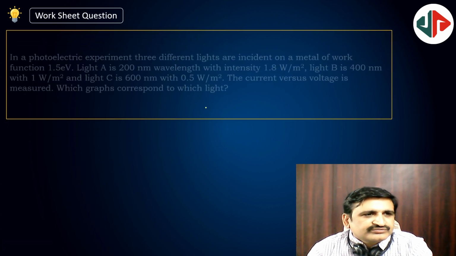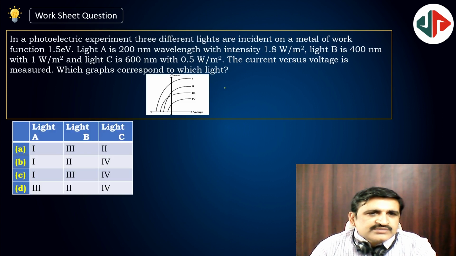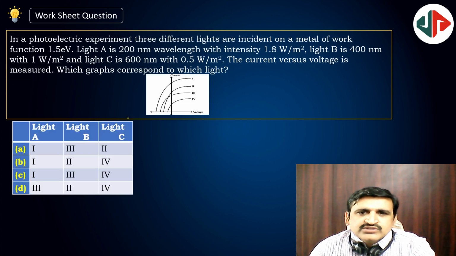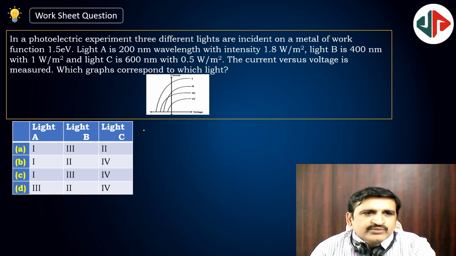Next. In a photoelectric experiment, 3 different lights are used. The metal work function is 1.5 electron volt.